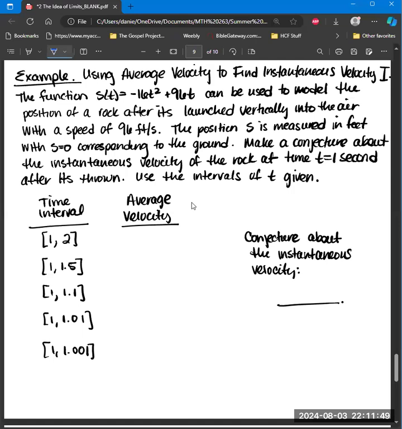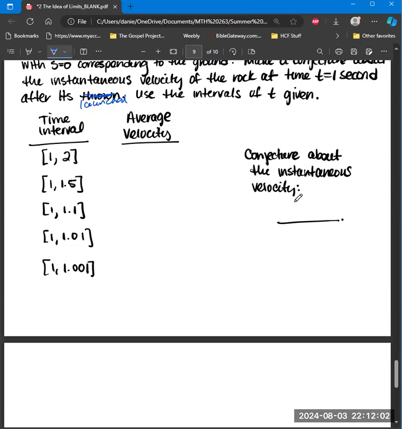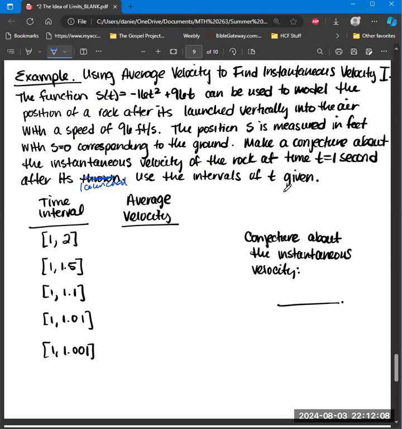after it's launched, using the intervals of t given. I'm just going to fill these in for you. You can go ahead and work through this here, that this is 32, 48.